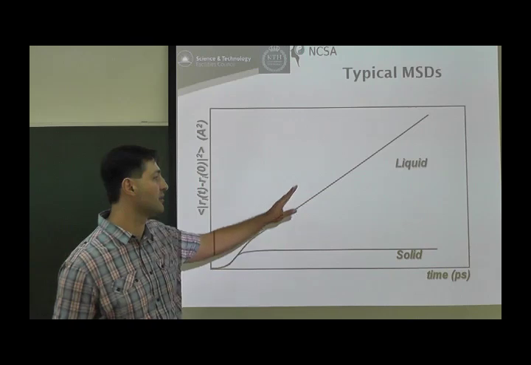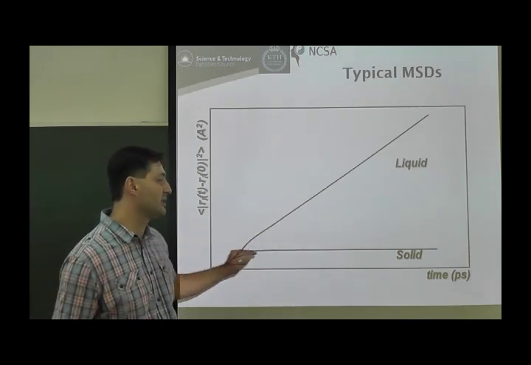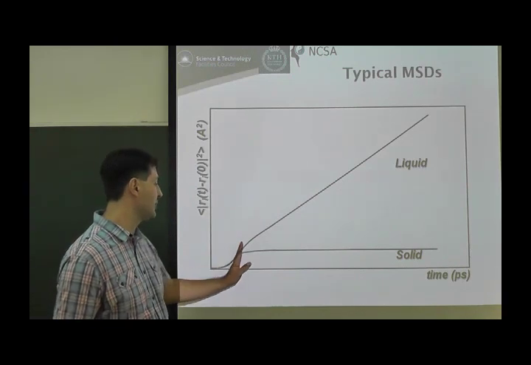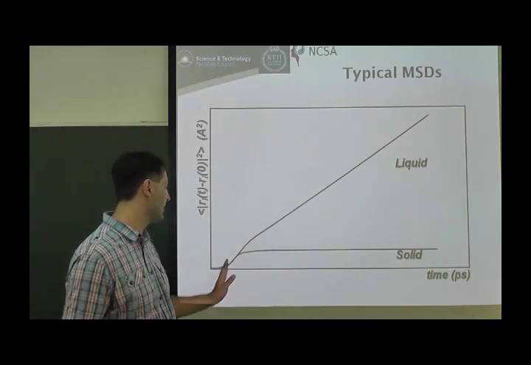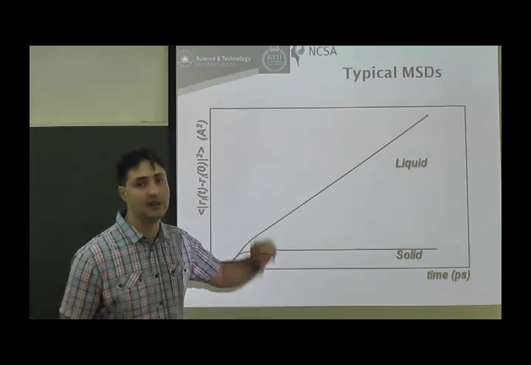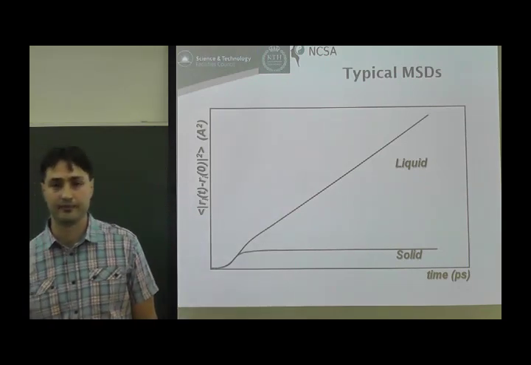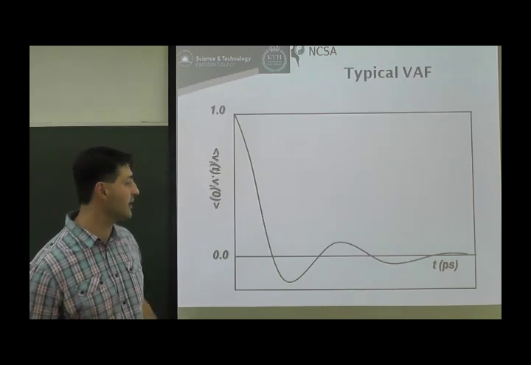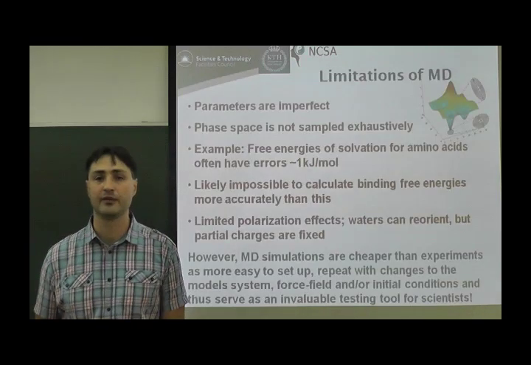For liquids, it always goes up, and for solids, it stays constant. Of course, the first part here is when the system starts, we need to gather enough statistics in order to get on the line. We also can show the velocity autocorrelation function. This is an example of it.